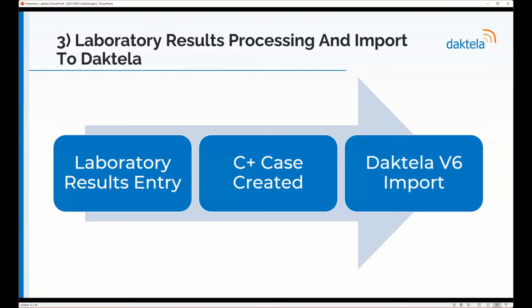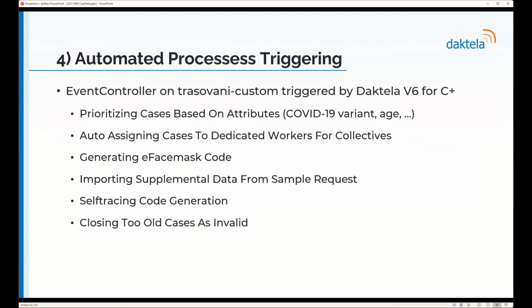If you've been deemed positive, then the laboratory enters these results into the health ministry register of infected people. Your case is automatically created in Daktela V6 using the importing job, which runs in PHP, CakePHP as well. Then the automated processes are triggered. So, for example, you are being prioritized based on the COVID variant you've been identified with.